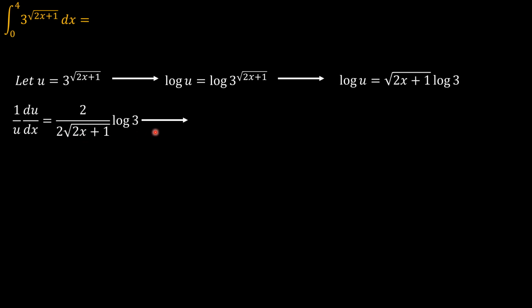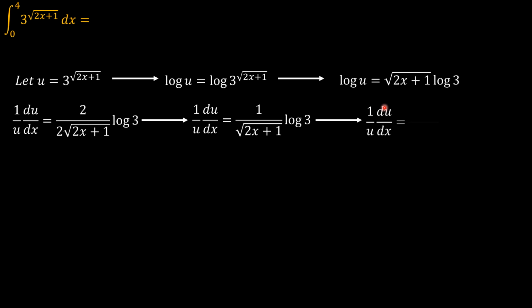And from this expression here, square root of 2x plus 1 is the same as log u over log 3. So we can substitute for that, and we now have 1 over u du dx being equal to 1 over log u over log 3, natural log 3, times log 3.